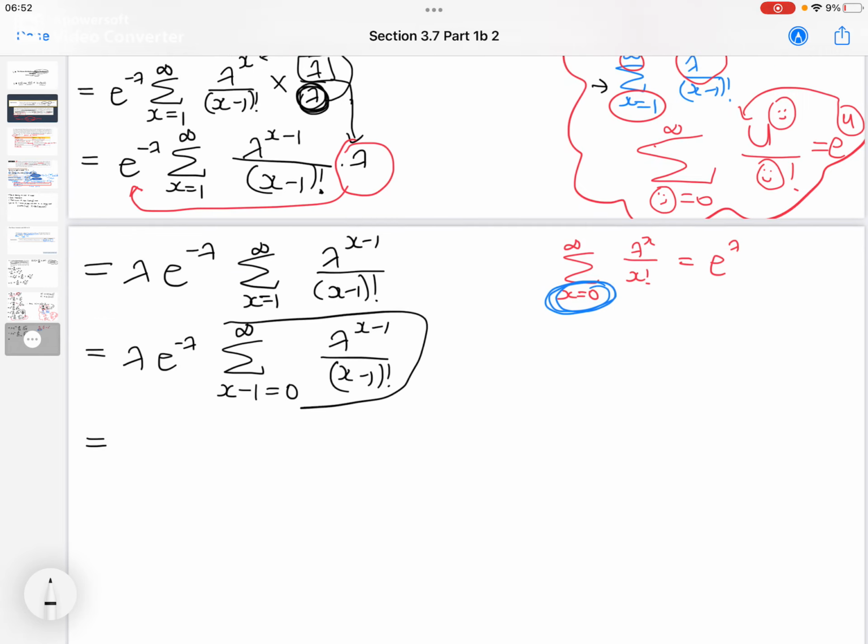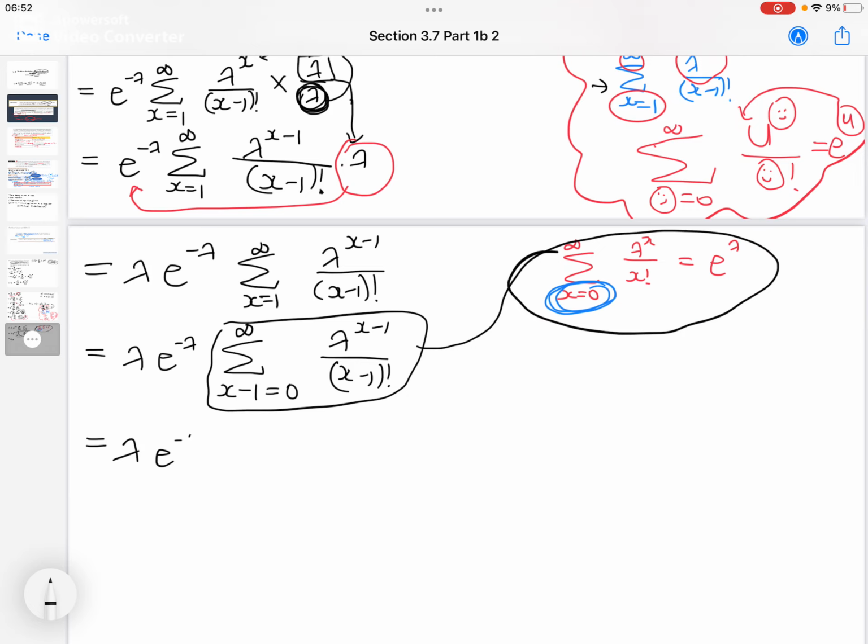And so we see that this expression here, yes, it is similar to that expression there. Then we could say this is equal to lambda times e to the power minus lambda times e to the power lambda. And so the expected value of random variable x that follows a Poisson distribution is equal to lambda.